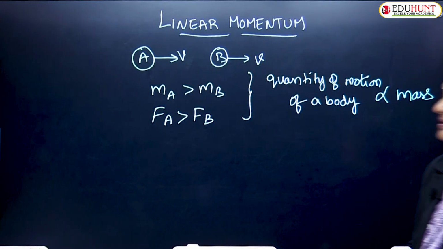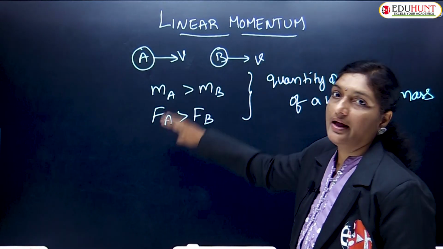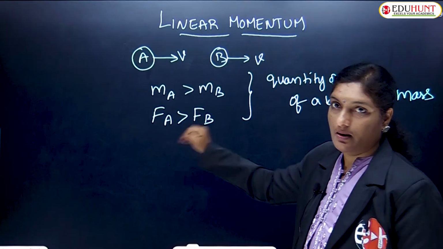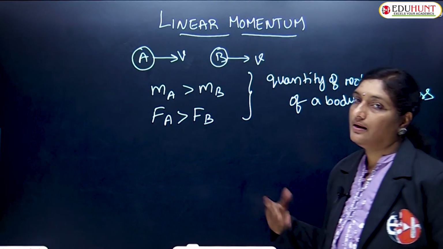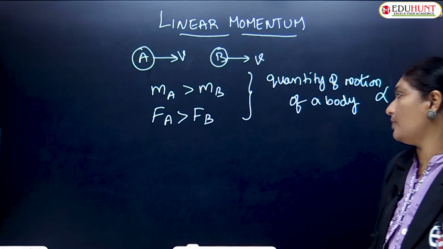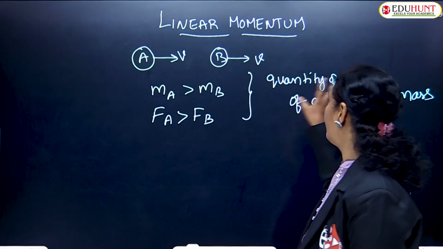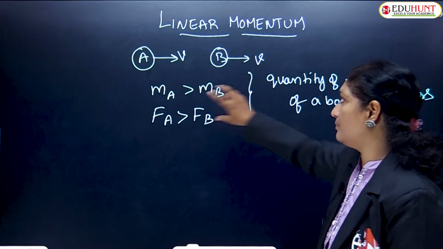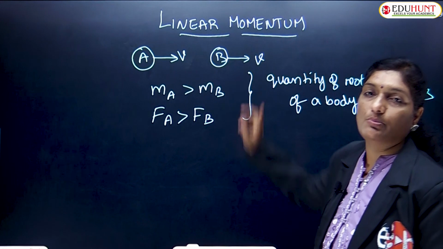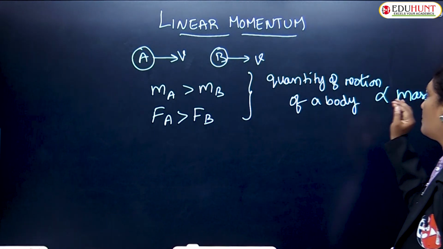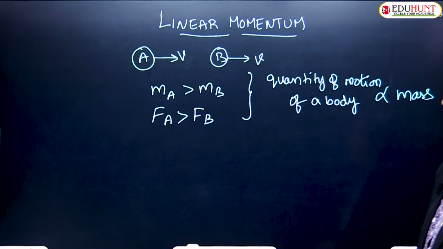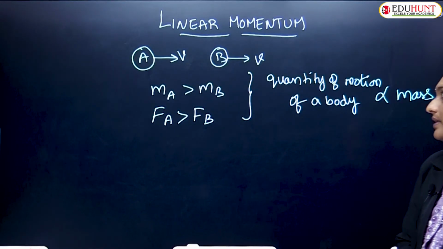Heavier the mass, greater the force required to stop the body. Lighter the mass, lesser the force required. Both are set into motion because they both are moving with velocity v.